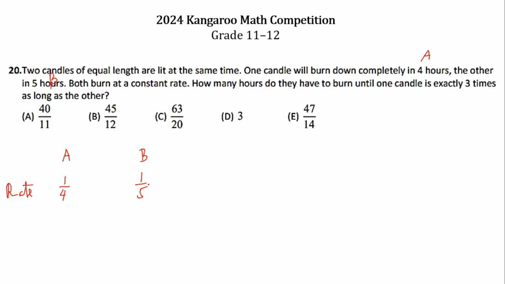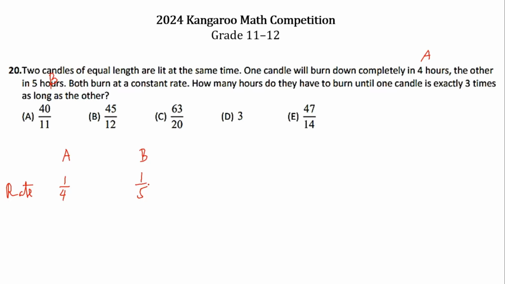Since we are looking for the time, let's represent the time by T. Now, after T hours of burning, the amount of material that is burned in candle A must be 1/4 times T, and that of candle B must be 1/5 times T.